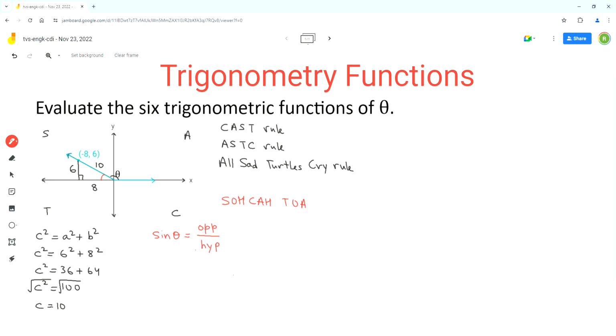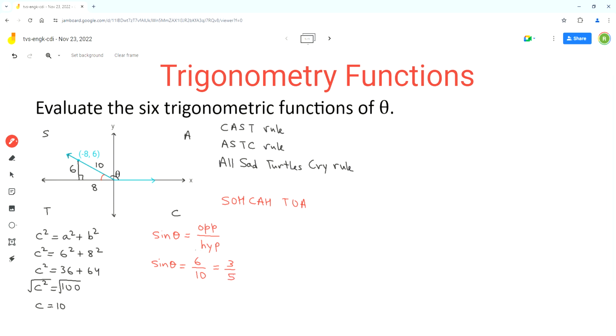For the red angle in the triangle, the opposite side length is 6 and the hypotenuse length is 10. We can reduce this fraction by dividing the numerator and the denominator by 2. So we get 3 over 5.